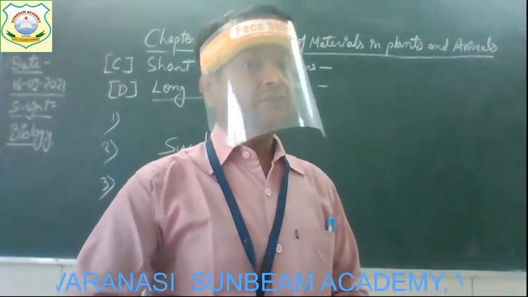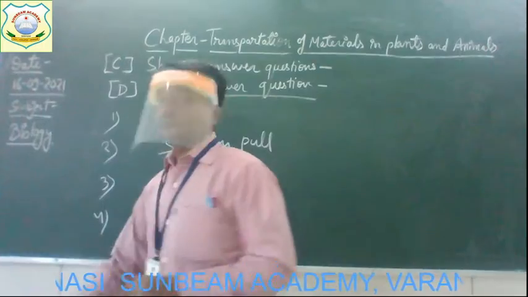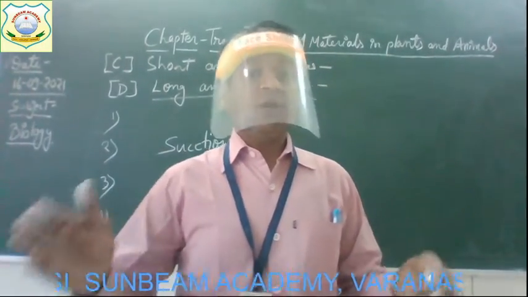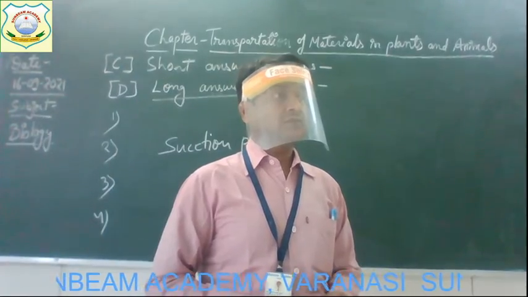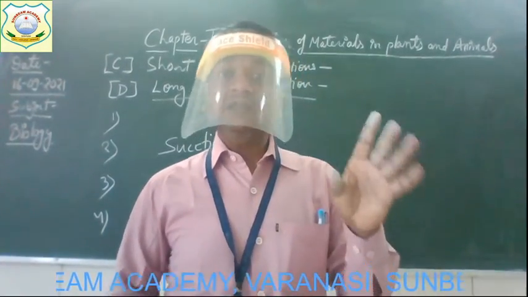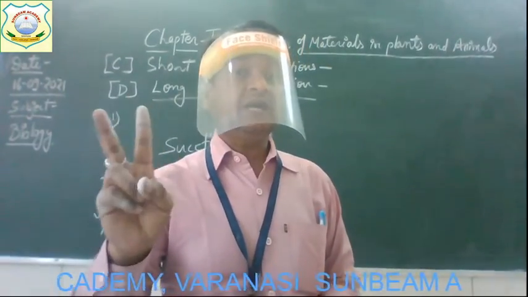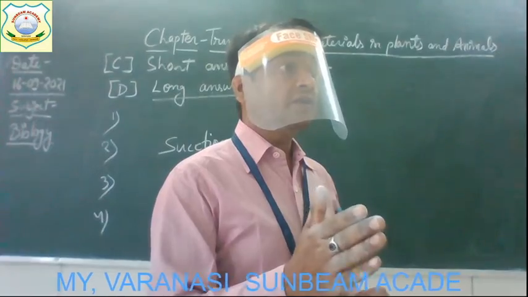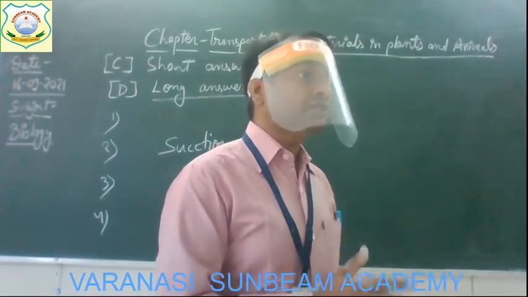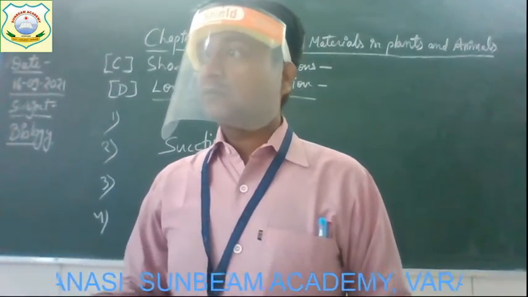Understood? Now come to the next question, number 4. And the question is, what does the circulatory system consist of? Give the main function of each. First of all, you have to give the different components of the circulatory system, and one by one you have to list their function.